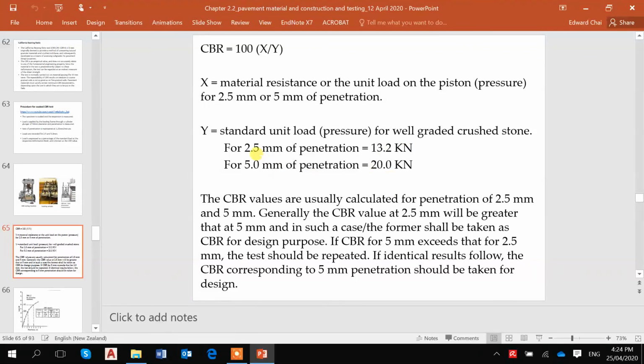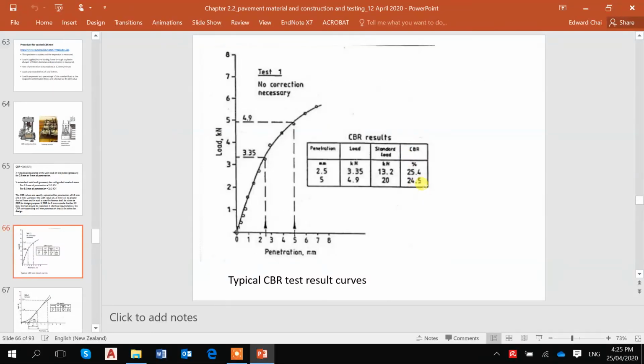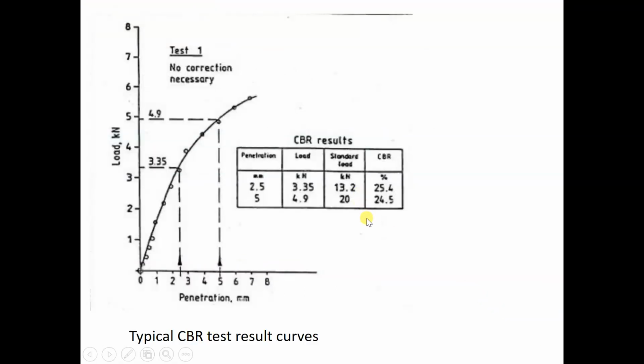For 2.5 mm penetration, the 100% loading should be 13.2 kN, and for 5 mm penetration, it should be 20 kN. This is the standard loading.